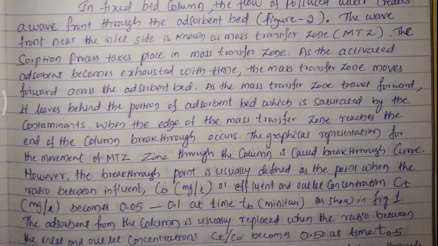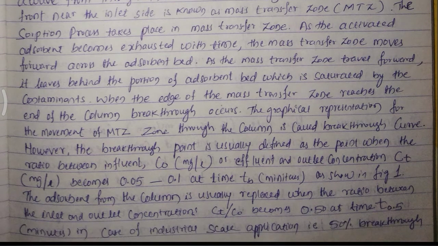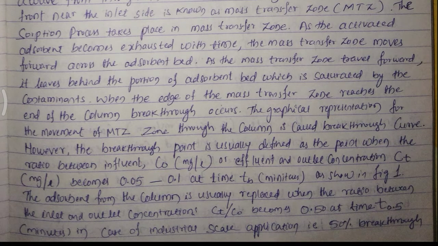However, the breakthrough point is usually defined as the point when the ratio between influent concentration C0 milligram per liter and effluent or outlet concentration Ct milligram per liter becomes 0.05 to 0.1 at time Tb in minutes, as shown in figure 1.